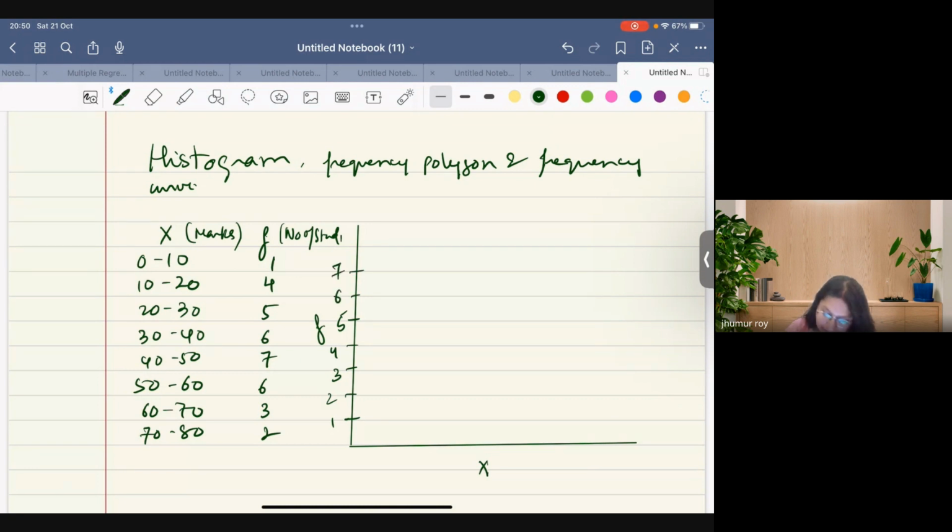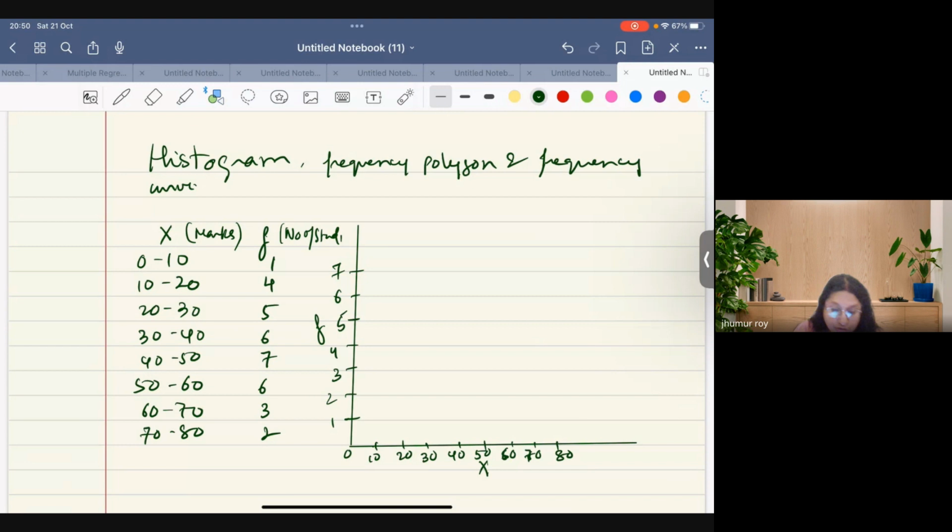And here I'm taking marks as 0 to 10. So this is 0, 0 to 10, 10 to 20, 20 to 30, 30 to 40, 40 to 50, 50 to 60, 60 to 70, 70 to 80. Okay, so this is what I've taken.